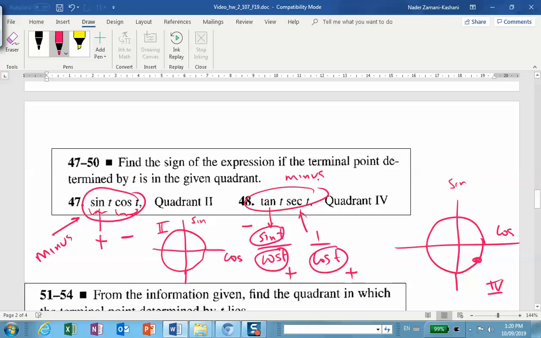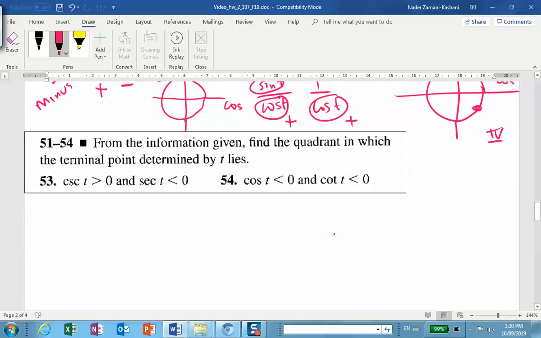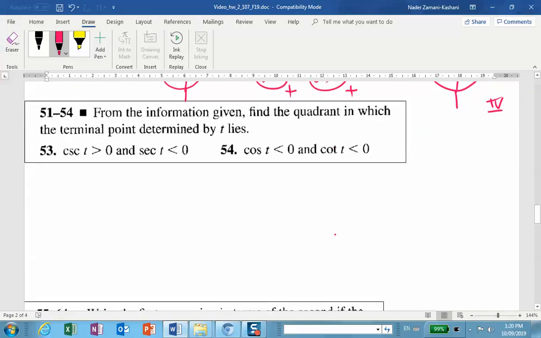One more. It says, suppose that we know that the cosecant of t is positive and secant of t is negative. In what quadrant does t lie? Now, cosecant is 1 over sine, right? And if this is positive, that means sine of t must have been positive. And secant is 1 over cosine of t.